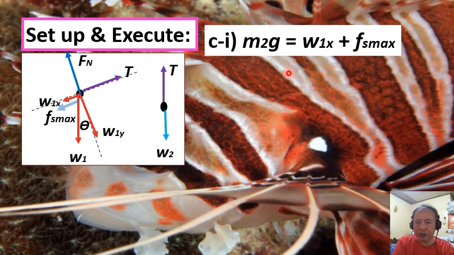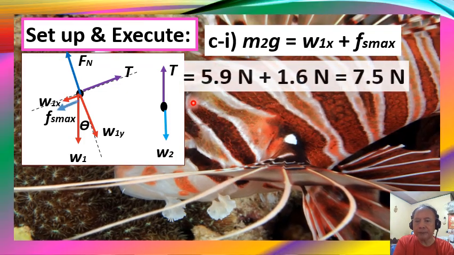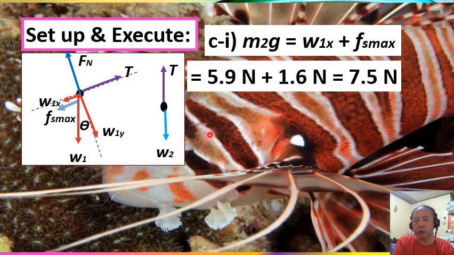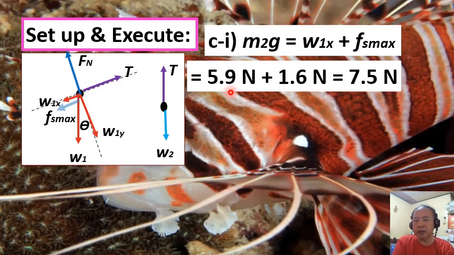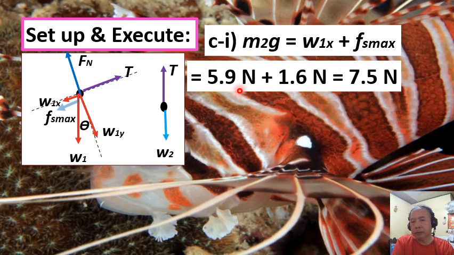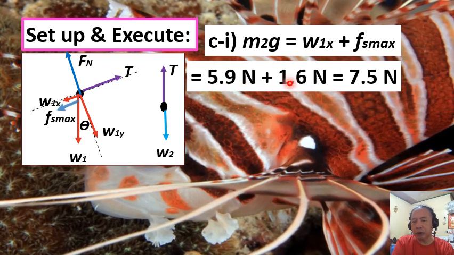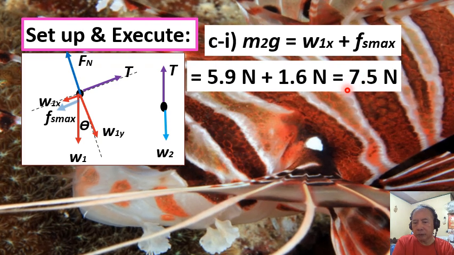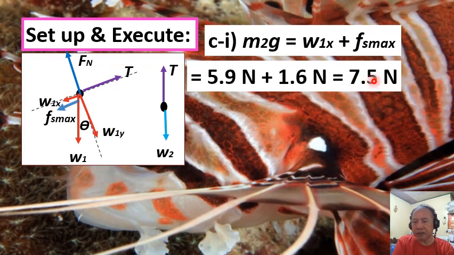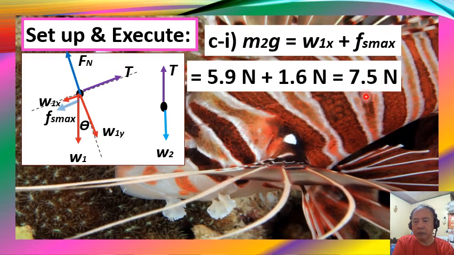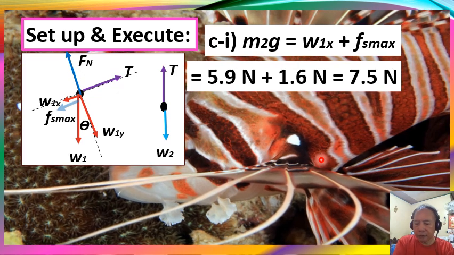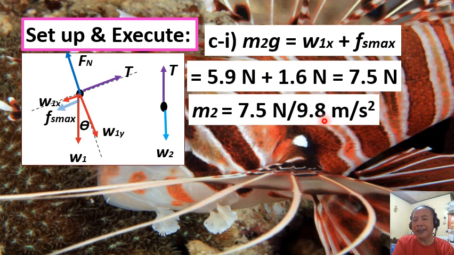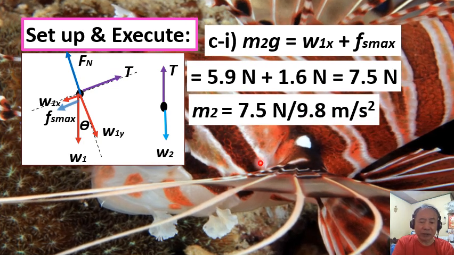So, when we substitute the given quantities, we get the weight W2 or M2G is just equal to the sum of 5.9 newtons and 1.6 newtons, which is 7.5 newtons. So this is the weight of the hanging block, or its corresponding mass M2, of course, is 7.5 newtons divided by 9.8 meters per second squared.